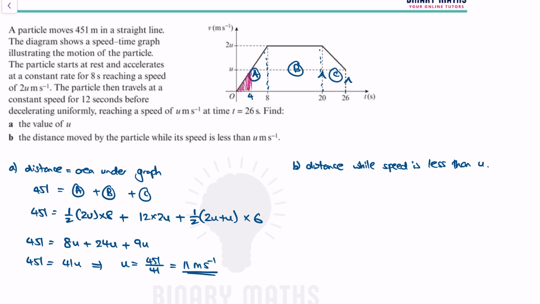Okay, because it's proportional, which means if I want to work out what the area of this red triangle is, it is equal to half times 4 times u, which is half times 4 times 11, which is equal to 22 meters.